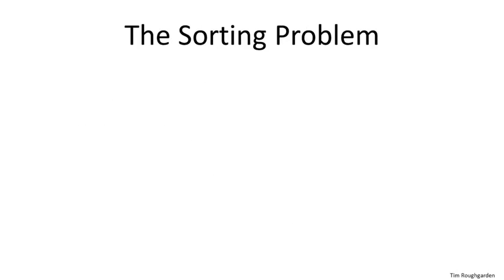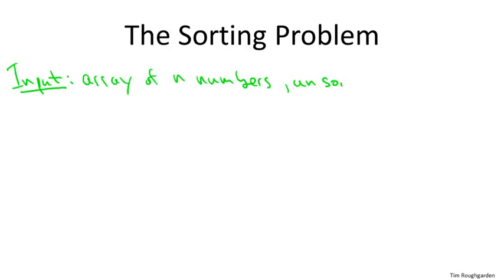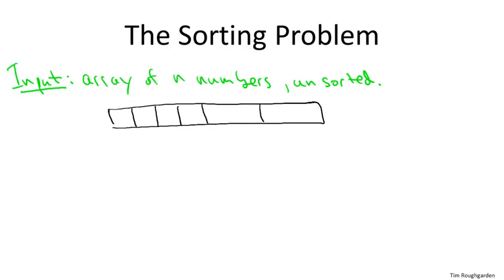So let's begin by recalling the sorting problem. This is exactly the same problem we discussed back when we covered merge sort. We're given as input an array of n numbers in arbitrary order. So for example, perhaps the input looks like this array here. And then what do we have to do?